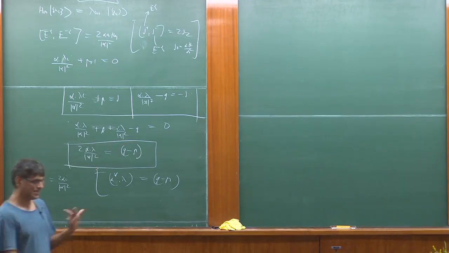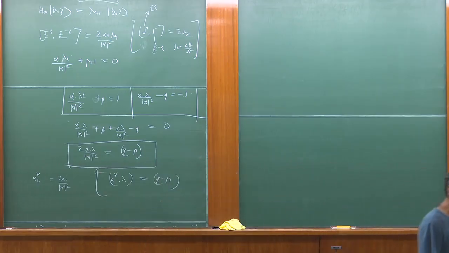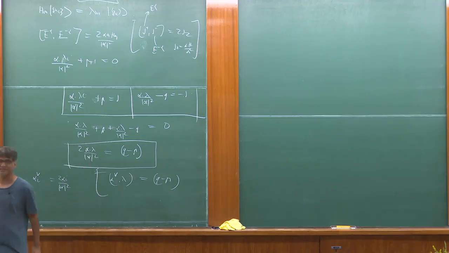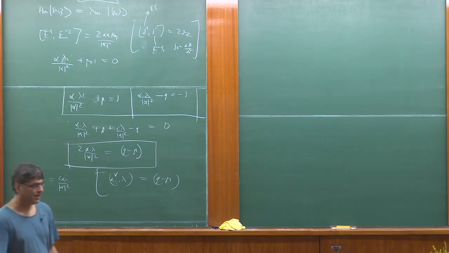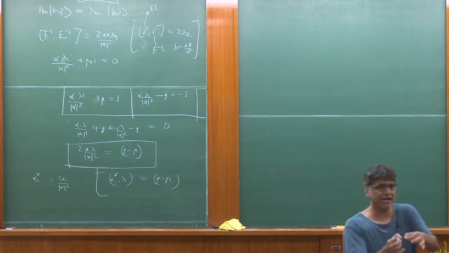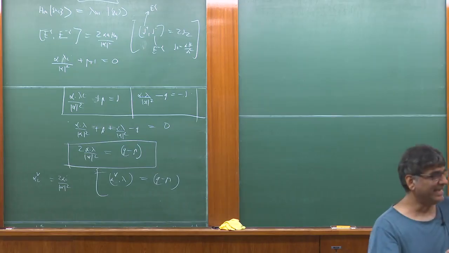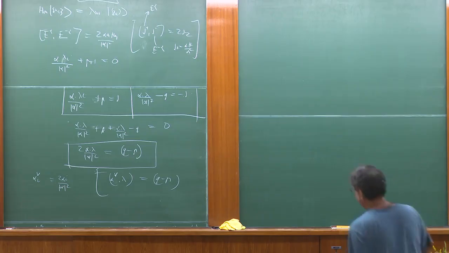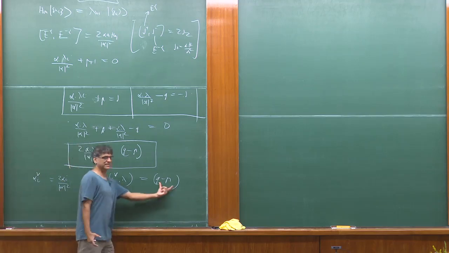Now these alphas are some particular numbers. We'll come back to this a little bit more. But it's clear that this quantity tells you that all allowed weights of all possible representations lie on a lattice. What does it mean that it lies on a lattice? It means that if you've got an allowed weight and you take an integer and add to it another allowed weight with some integer coefficients, that's also an allowed weight. And that will be true because this is an integer.